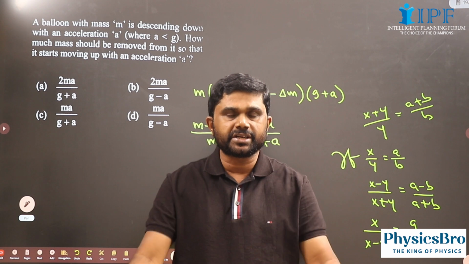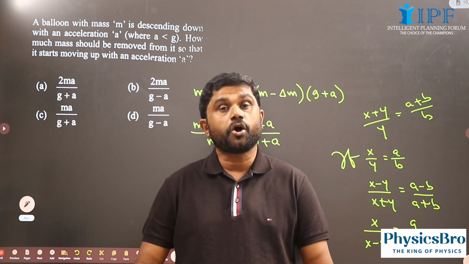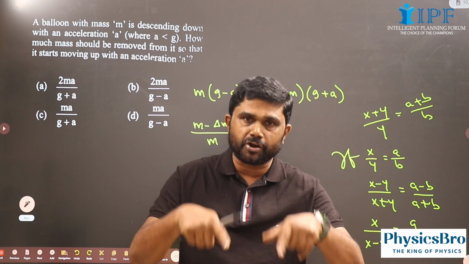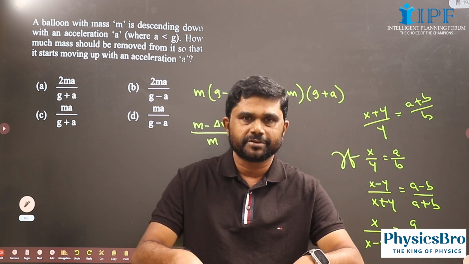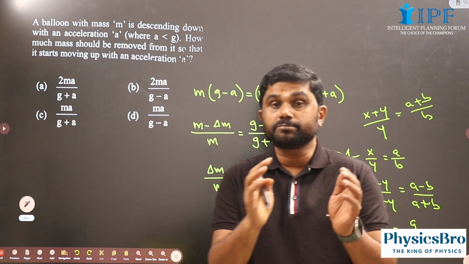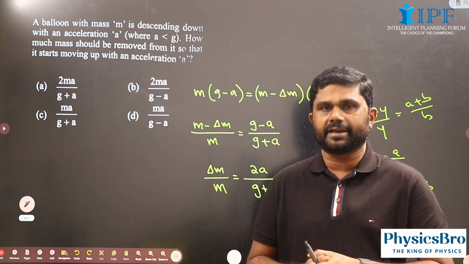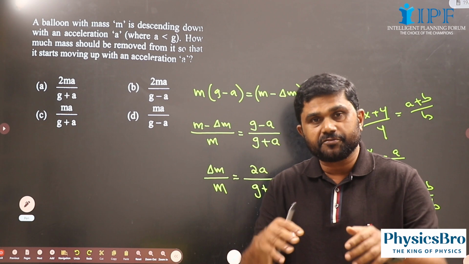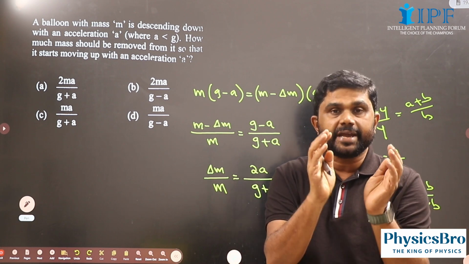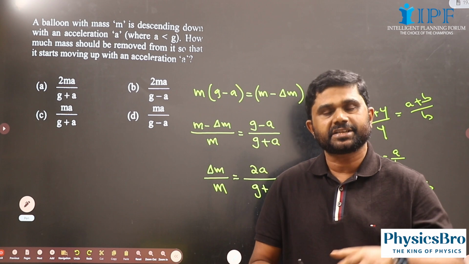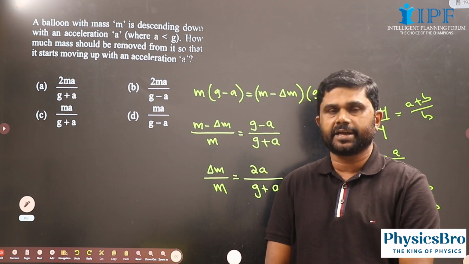When the lift is going down with an acceleration a, the downward force on the block, that is its weight, must be stronger than the force acting upward on it. So the force acting up will be m into g minus a, and the force acting down will be mg. So the resultant force will be downwards. It will be mg minus m into g minus a, that is ma. That is why it is going down with an acceleration a.